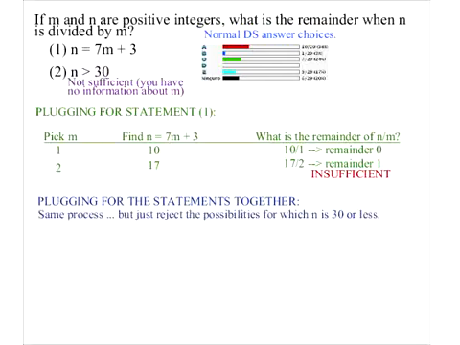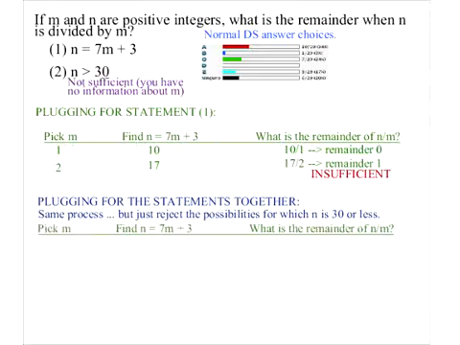So pick M, find N, which is 7M plus 3, and then what is the remainder?